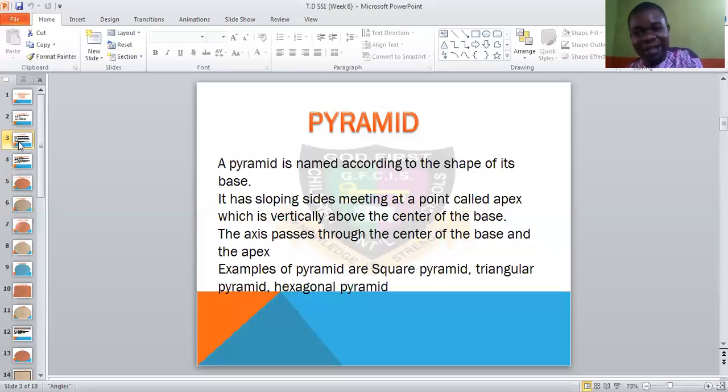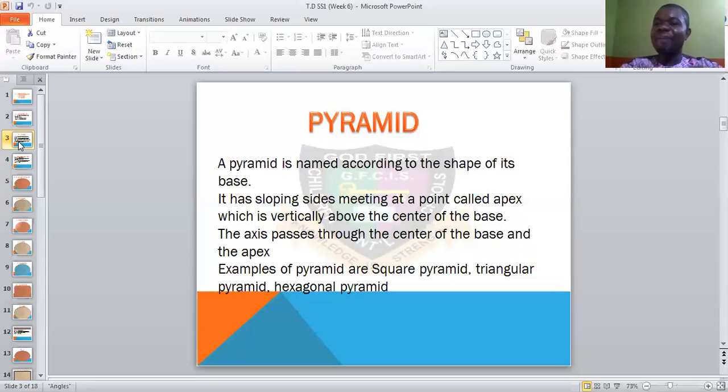Just like in terms of prisms, I have told you the examples are the triangular, rectangular prism, square prism, and so many others. Hexagonal, as you may call it. In pyramid, we have the square pyramid, triangular pyramid, rectangular pyramid, as the name implies, just like in terms of prisms that we looked at in our last work.